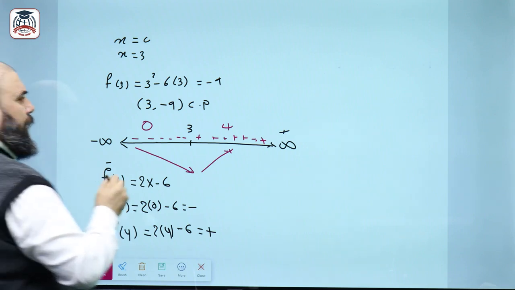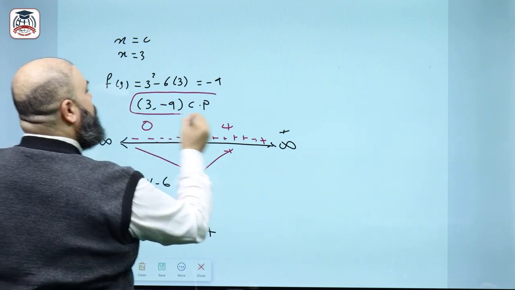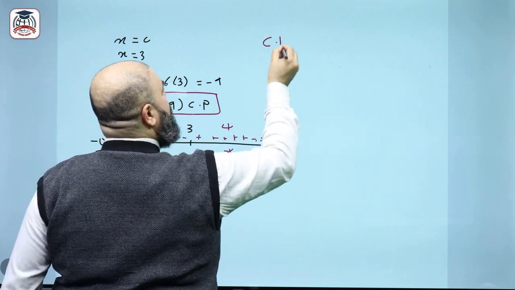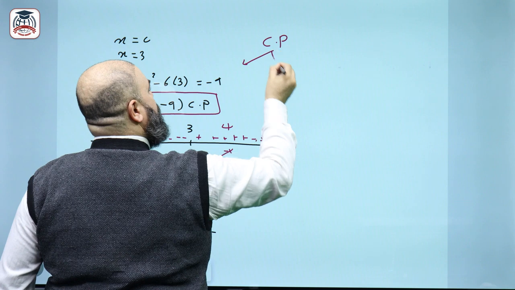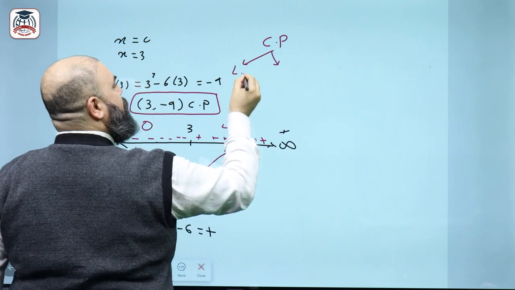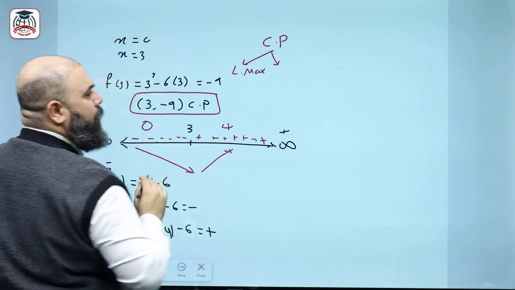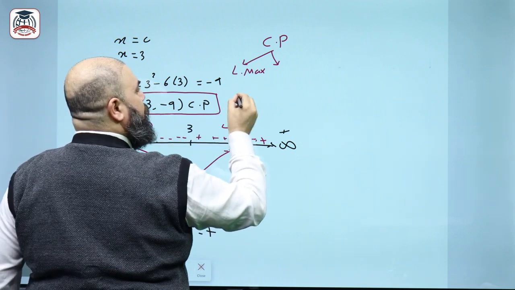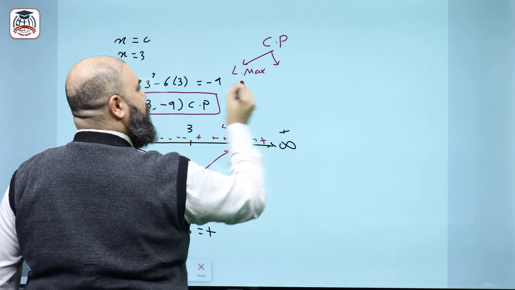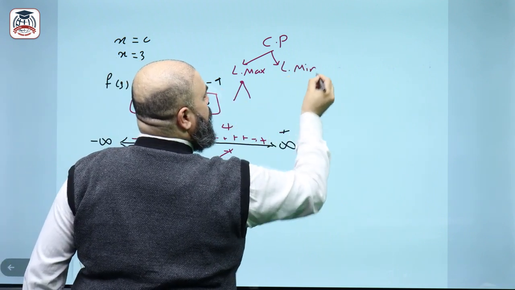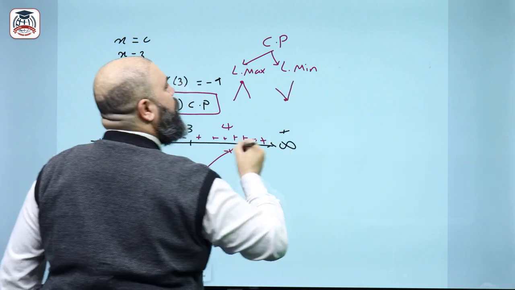Okay, what's the type of the critical point? For the critical point, we have three types. The first type is a local maximum, when we have this shape, like this. A local minimum, when we have this shape.